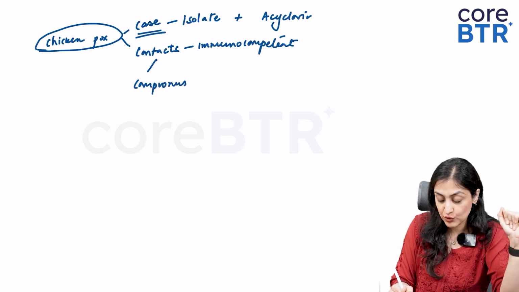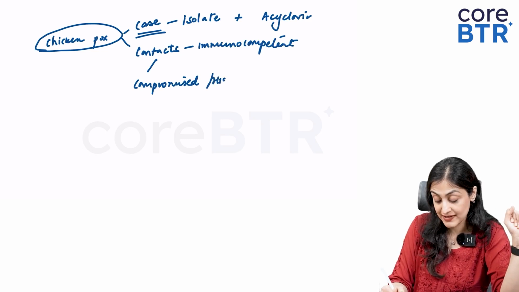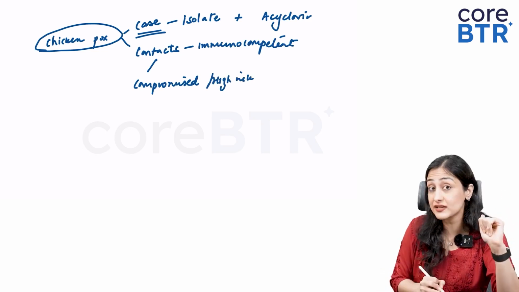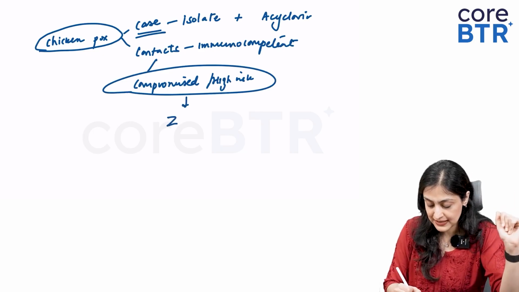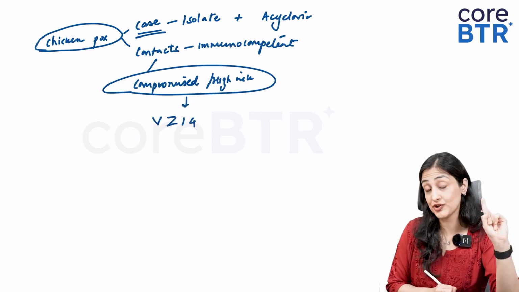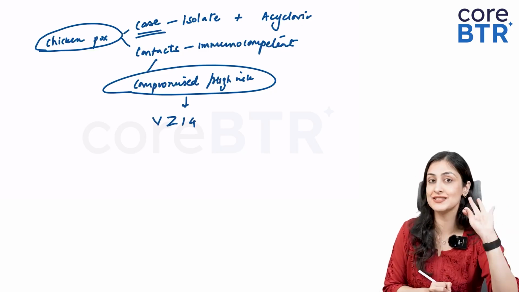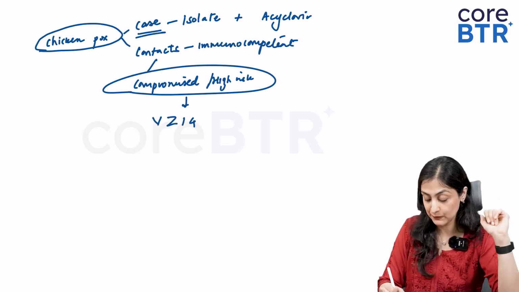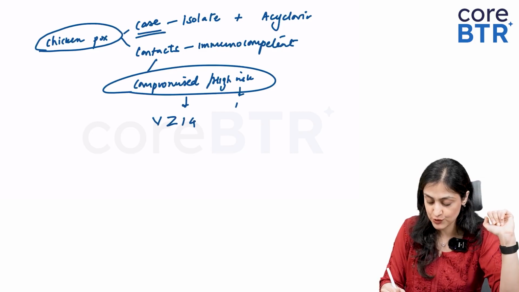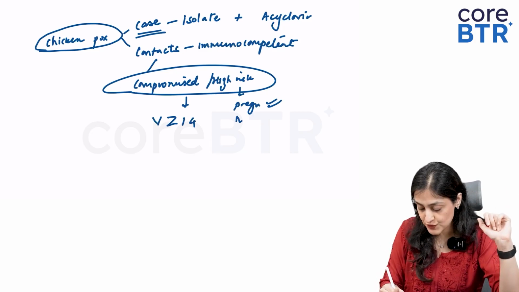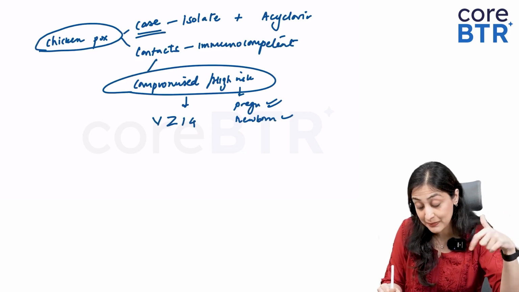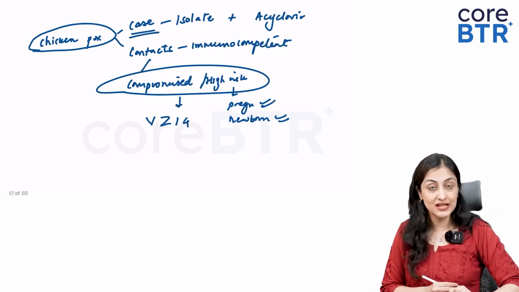If they are immunocompromised contacts or high risk contacts like our pregnant female, in that case I have to give varicella zoster immunoglobulin, right? We never mix this with the vaccine. So just varicella zoster immunoglobulin. And can I say this high risk also includes pregnant females? This high risk also includes a newborn baby. So that kind of explains the last chart.